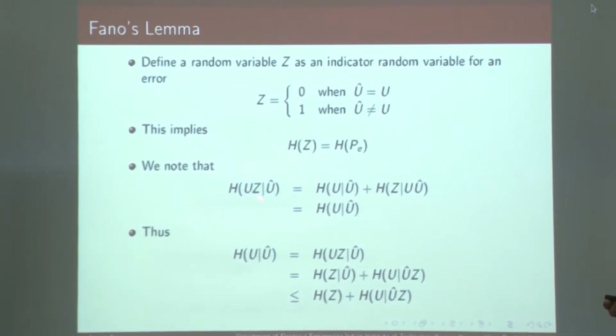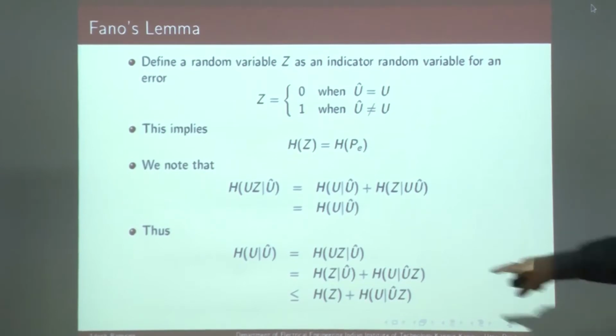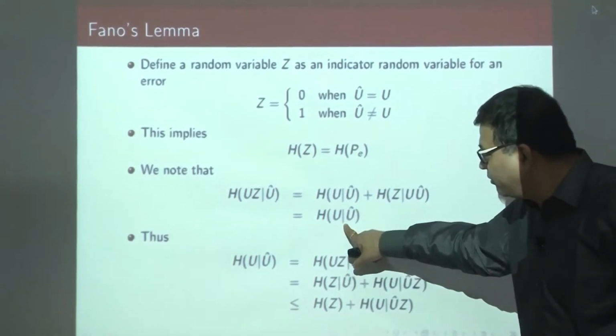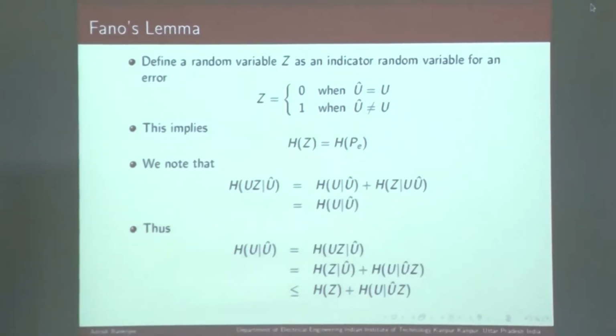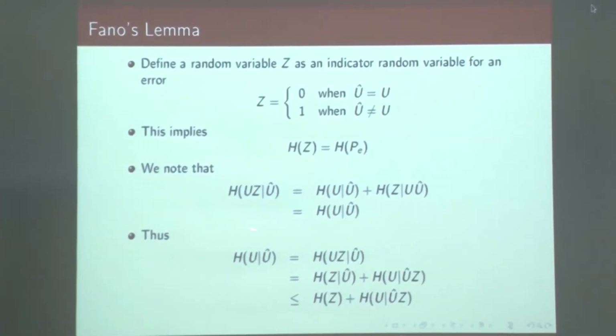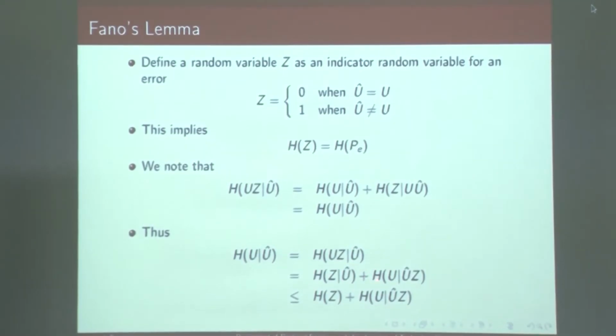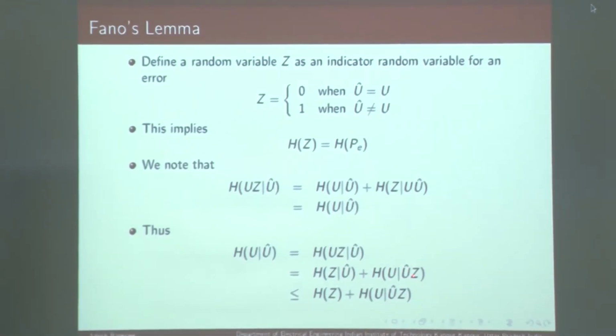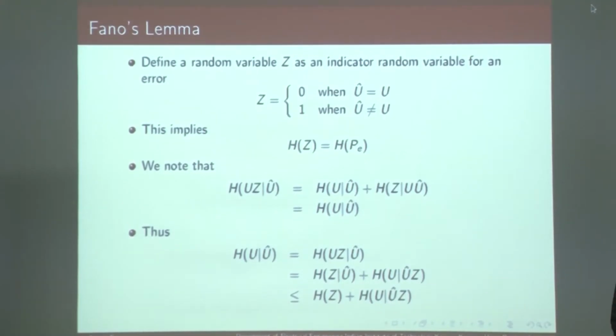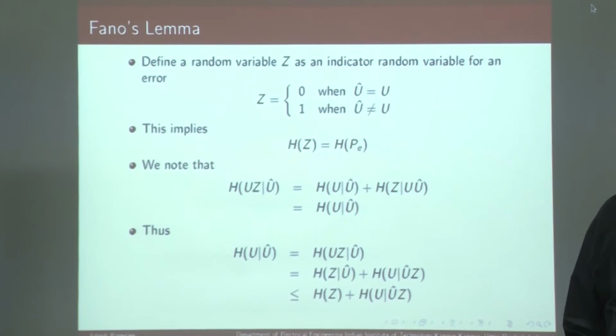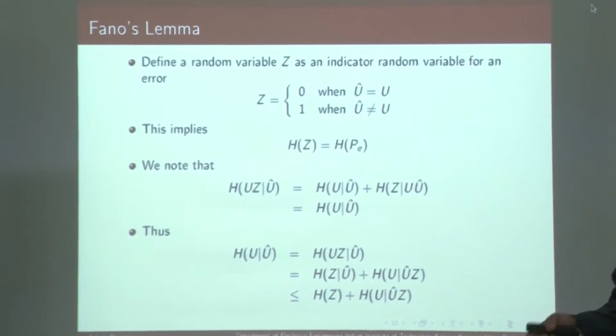Now, I am just using this same result. Uncertainty in U given U hat is given by this, right. Now, this can be written in this particular form: uncertainty in Z given U hat plus uncertainty in U given U hat Z. This follows from chain rule. I have applied chain rule in a different way.